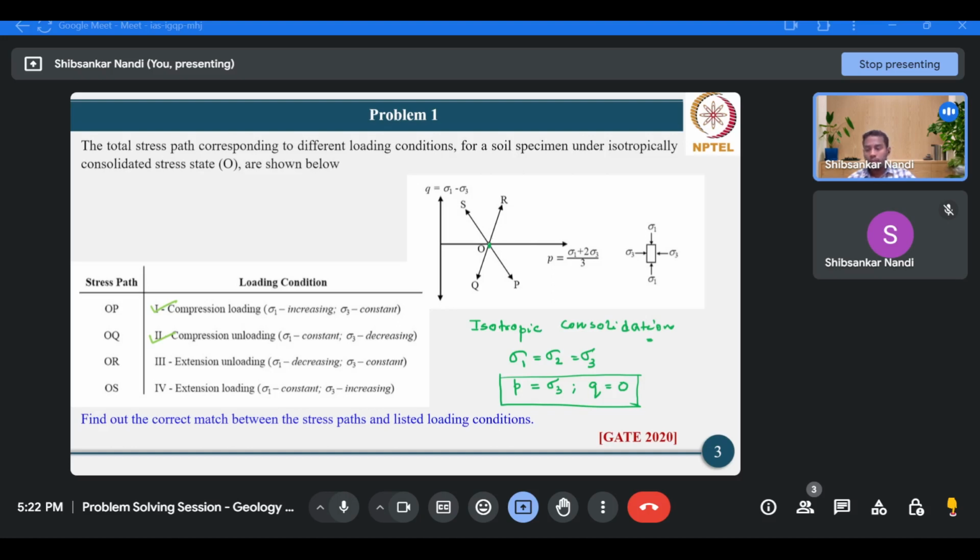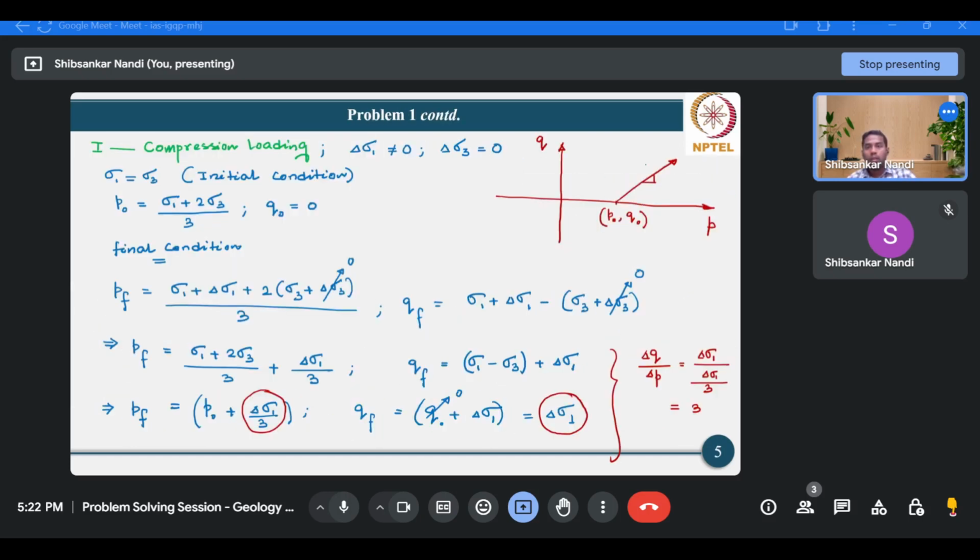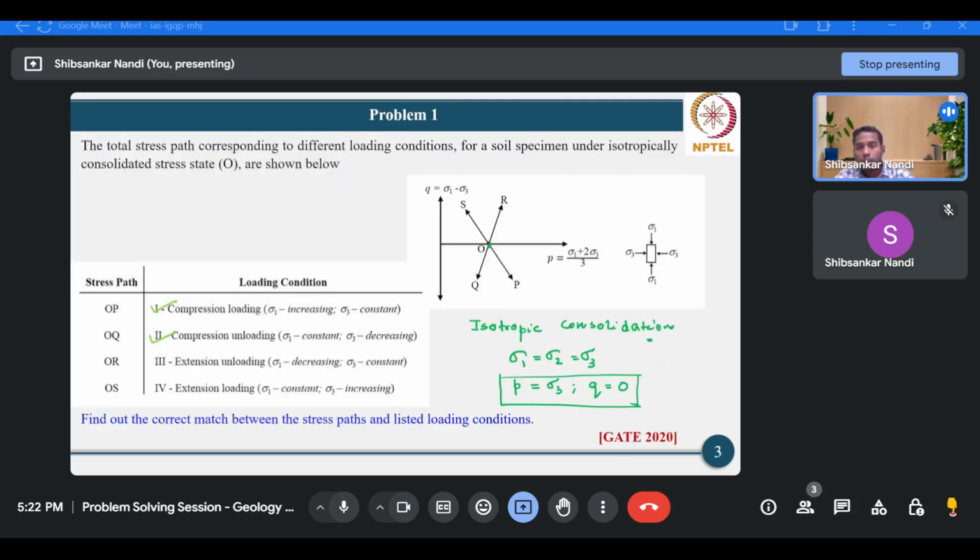So as you can see, this OR better represents the stress path for compression loading. Okay, so this is your O and this is your R. Now we'll be moving to the next case, that is compression unloading.